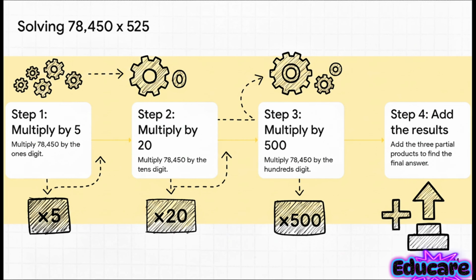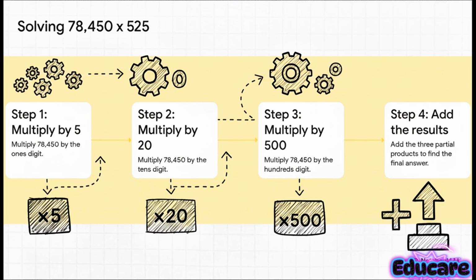First, we multiply the whole top number, 78,450, by the 5 in the ones place. Got that? Cool. Next, we multiply by the 2. But wait, that's in the tens place, so we're really multiplying by 20. That's why we pop a 0 down there as a placeholder. Then, same thing for the 5 in the hundreds place. We multiply by 500, which means adding 2 zeros. Each of these answers is called a partial product.